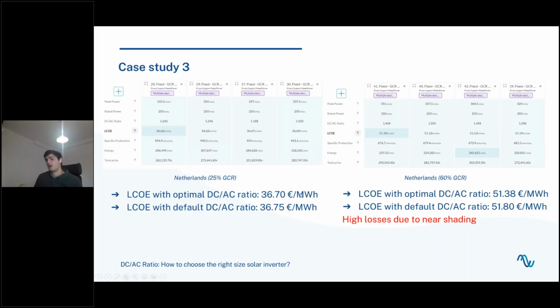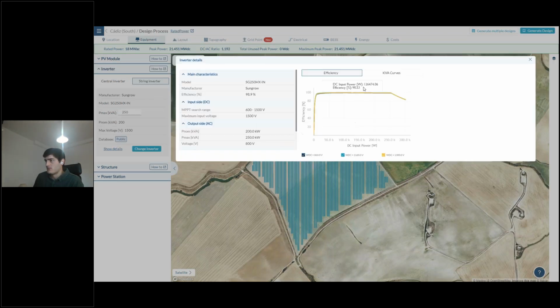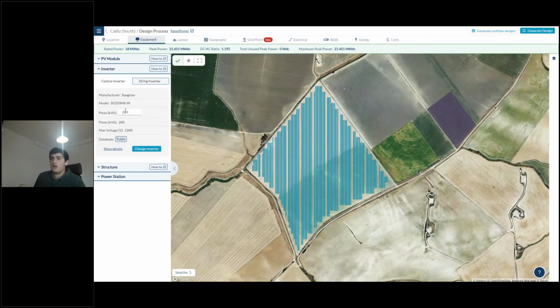The value that we take in RatedPower in PV Design is by default the maximum power that the inverter has, but the user can also modify this value. If they know that the inverter is going to work at a higher temperature, they can modify the value in the box, and the ratio will consider the value defined there.